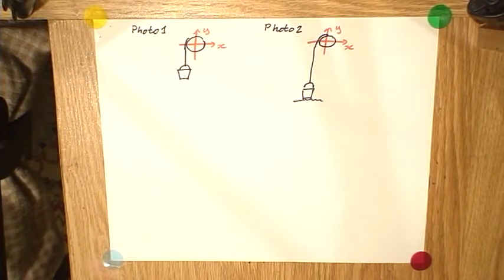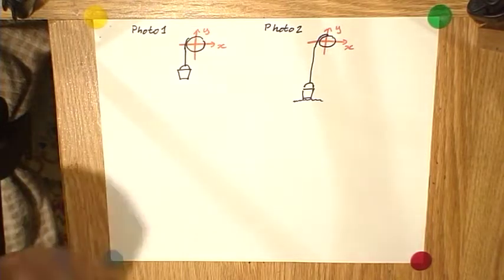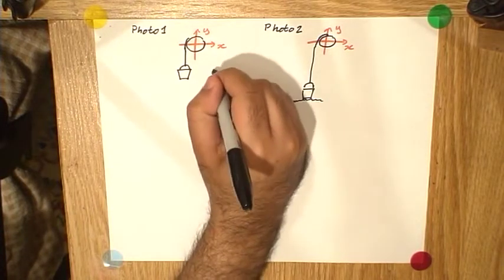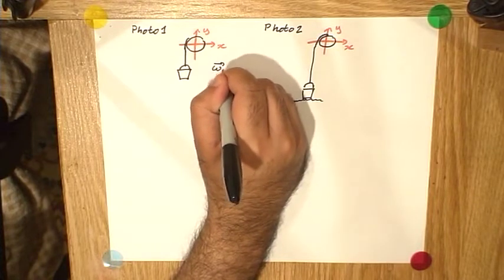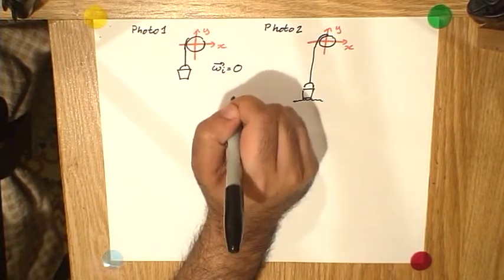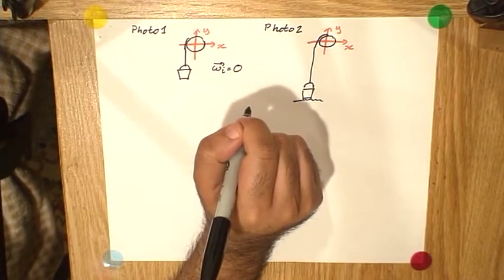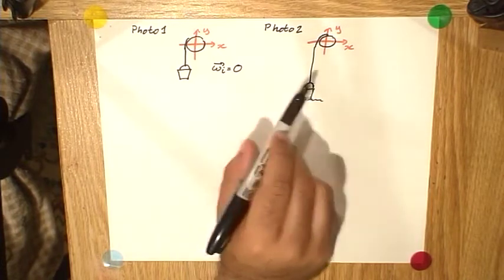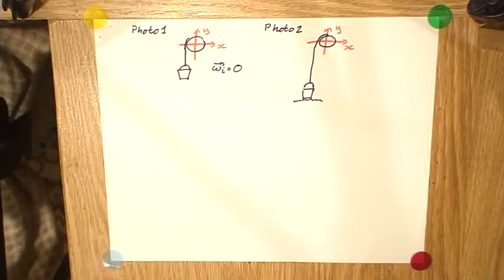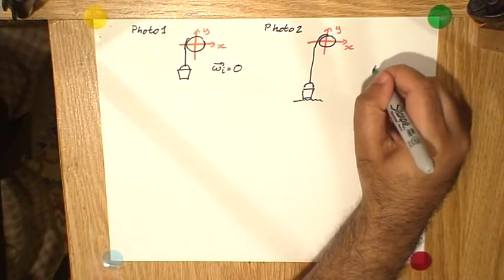Now, we were told certain pieces of information. We were told that the initial velocity of the pulley wheel was 0. We were also told that the time that elapses between the two photos is 8 seconds.